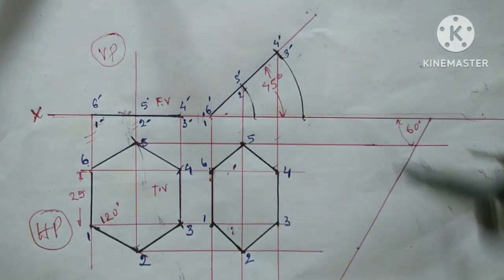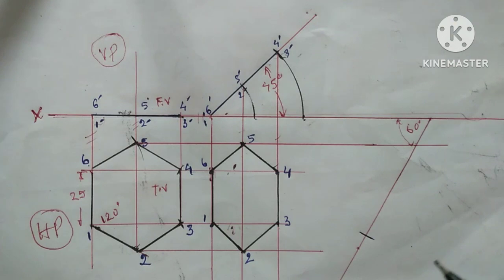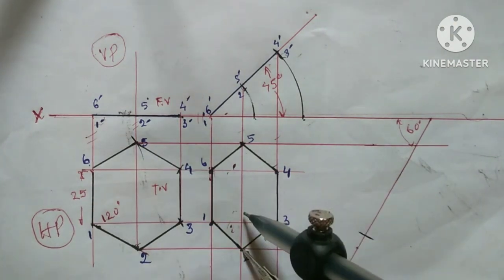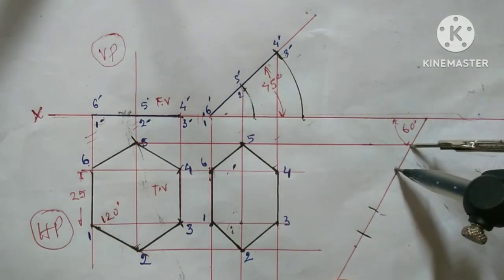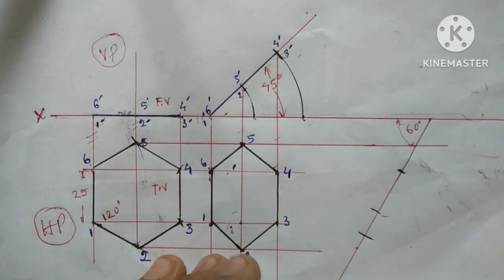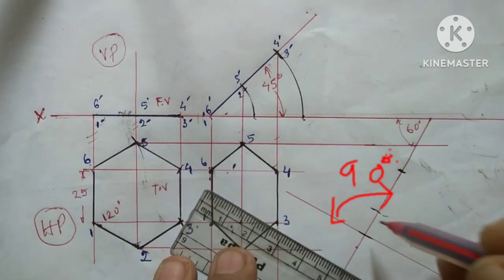Take the total height from point 2 to 5. Mark the necessary point. By using this point, draw the perpendicular supporting line.